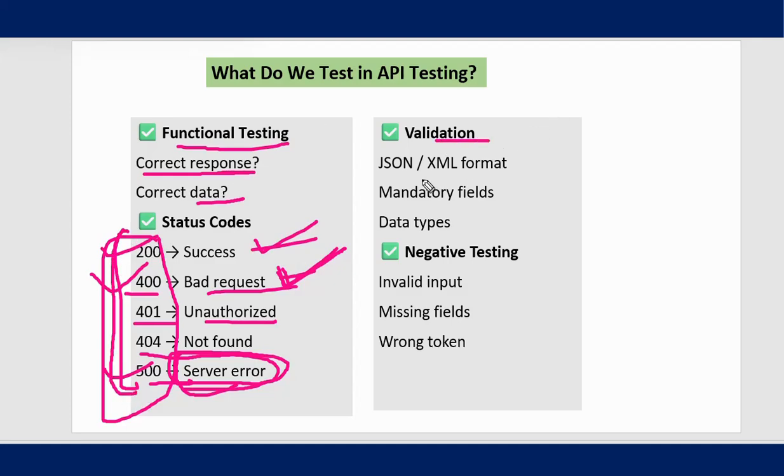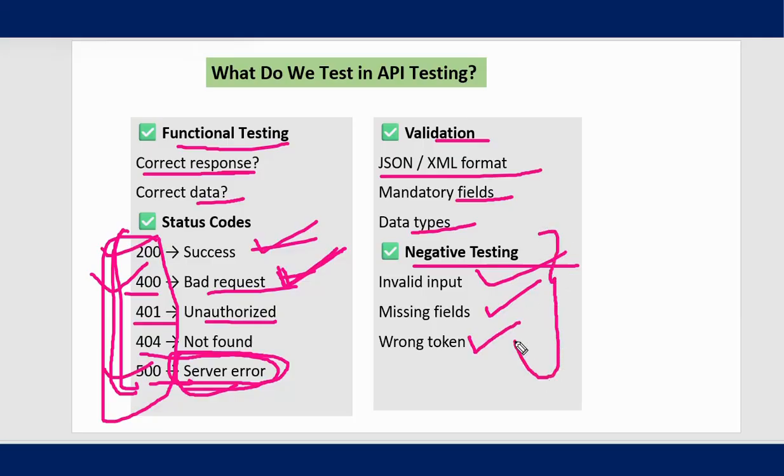And then validation with the JSON or XML format, mandatory fields like headers or others, and the data types. And then we can do negative testing like invalid inputs, or we can miss some fields, or we can pass the wrong token. Based on all those things, we can do negative testing. So that's how we test the APIs.